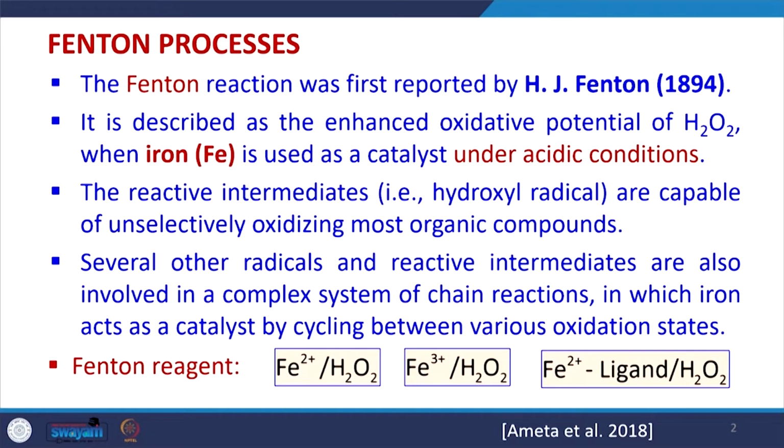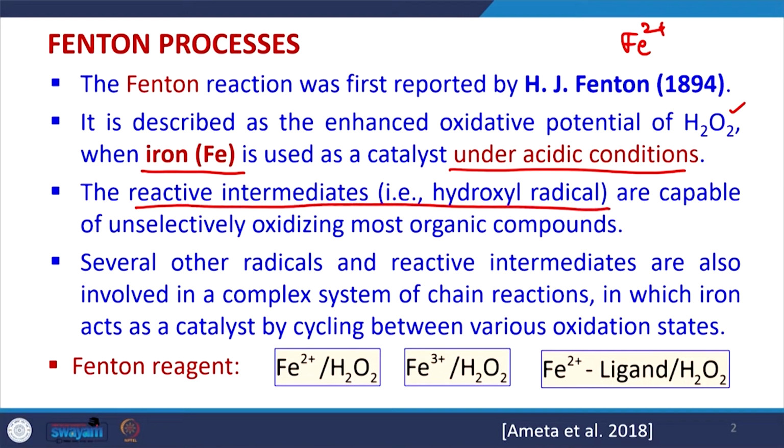In the Fenton reaction or Fenton processes, iron is used as a catalyst. Under acidic conditions this iron will remain in the form of Fe2+, which is desirable. If hydrogen peroxide is added, it initiates a process where a lot of reactive intermediates such as hydroxyl radicals are produced, and they further unselectively oxidize most of the organic compounds present in the water itself.